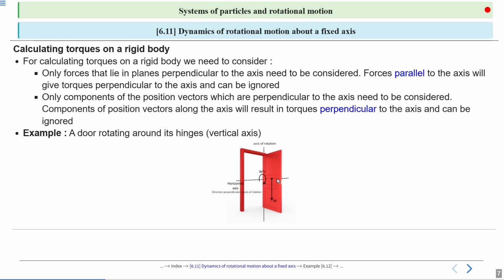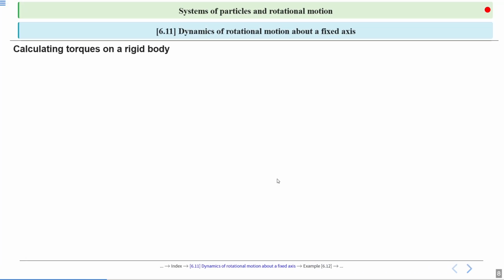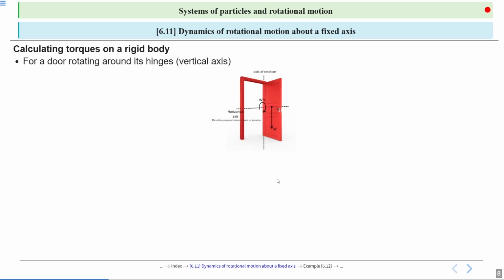Alright. So, a door rotating around its vertical hinge axis. Imagine a door that rotates about its hinge.